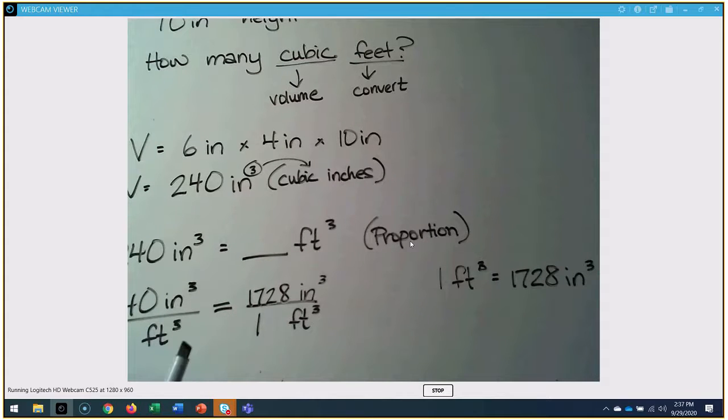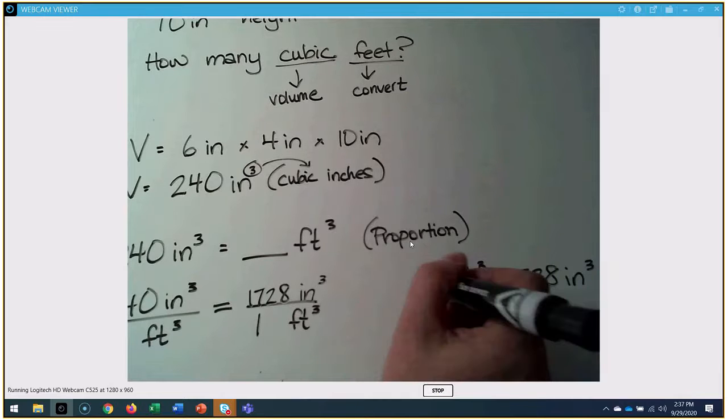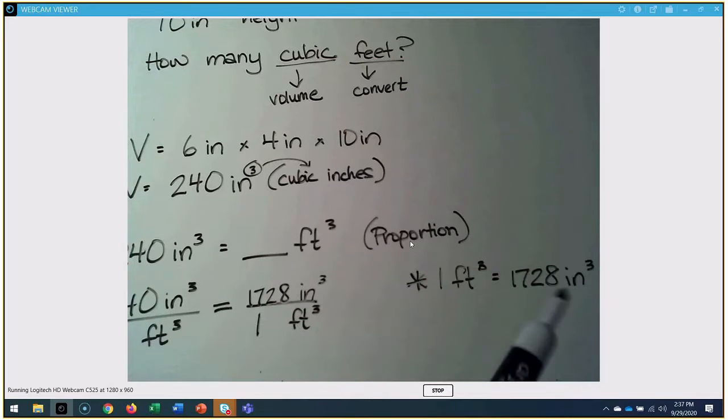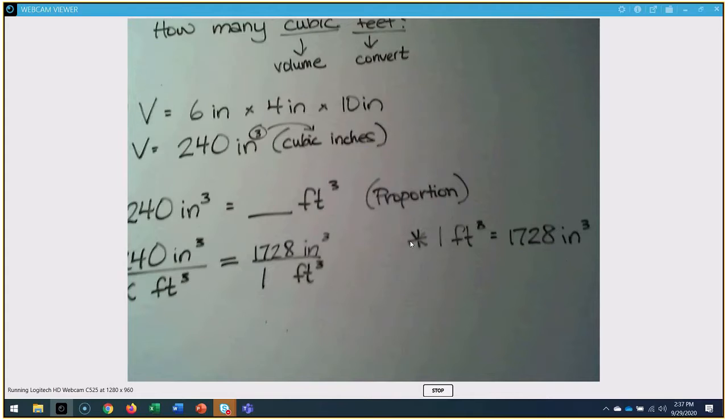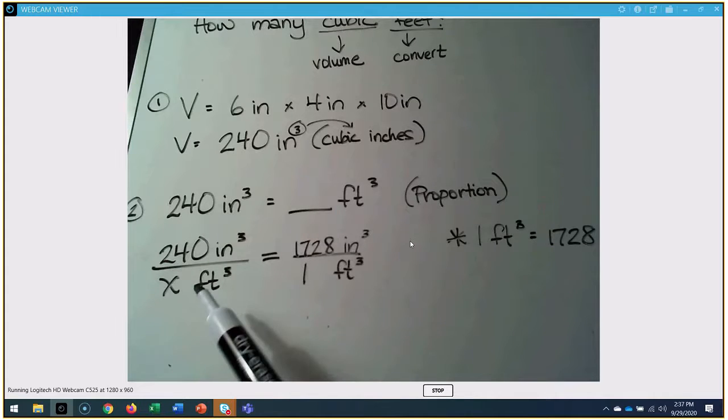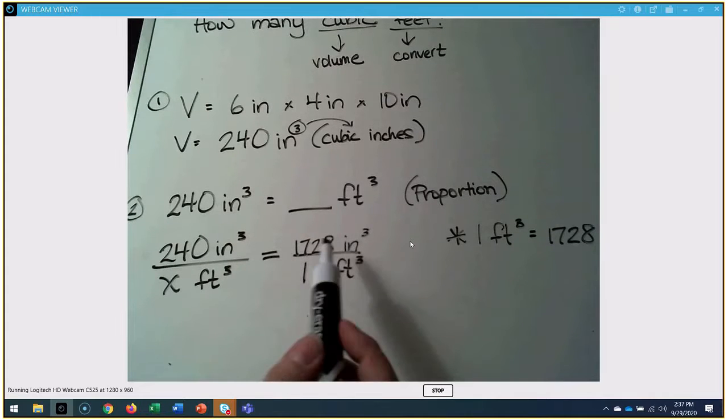Okay, I'm going to finish this, and then we're going to go back to where these numbers came from in just a minute. So let's go back to this. To finish this up, I'm going to cross multiply.